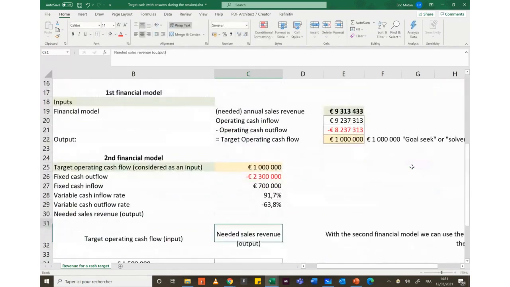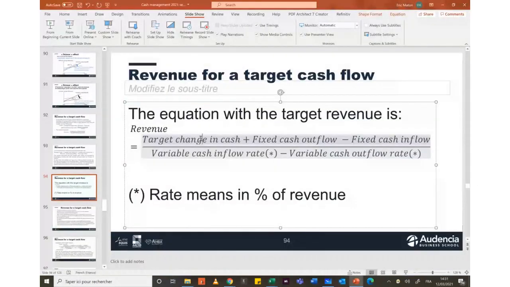So now the needed cash sales revenue, we said, it's the target change in cash plus the fixed cash outflow minus the fixed cash inflow divided by the difference between the variable cash inflow rate and the variable cash outflow rate.